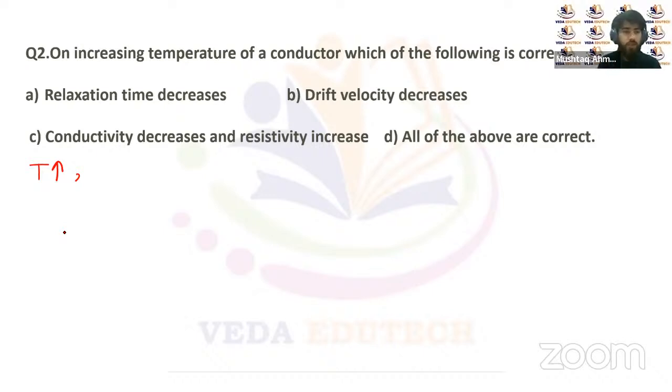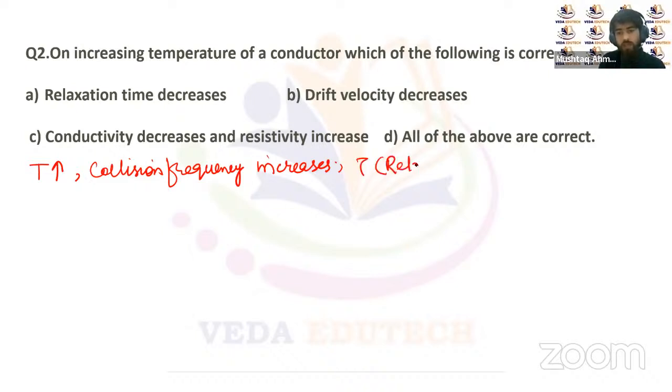If the thermal energy of the electron increases, the collision frequency increases, right? So if the collision frequency increases, then the relaxation time will decrease. Because if the frequency of successive collisions increases, it means the time taken between two collisions will be less. It means that the relaxation time tau will decrease.